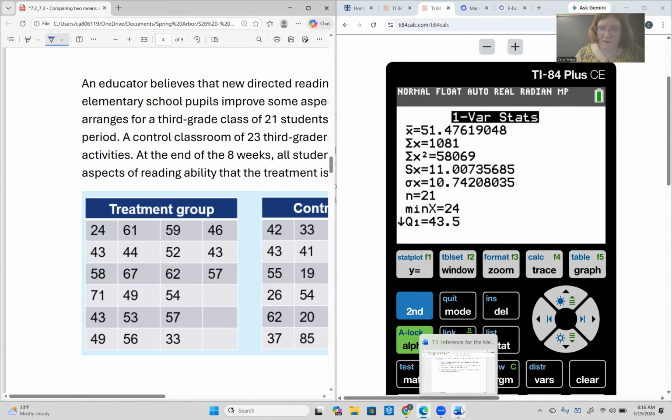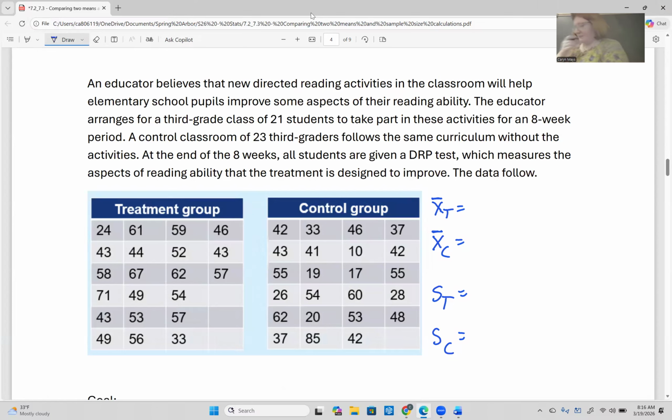So that information is up. I just need to make it bigger. The mean we got there, the X bar was 51.48. The capital ST was 11.01. And we could repeat this for the control group. Calculator could give us the control group.